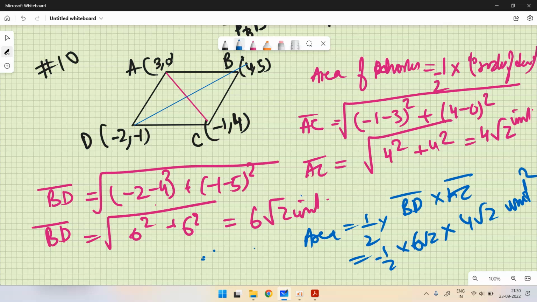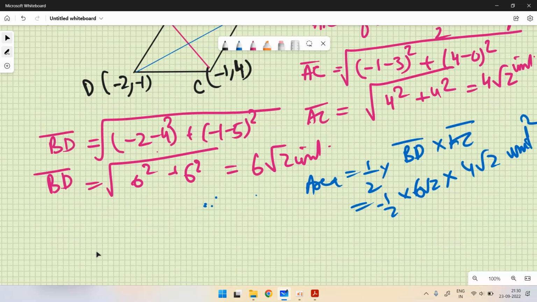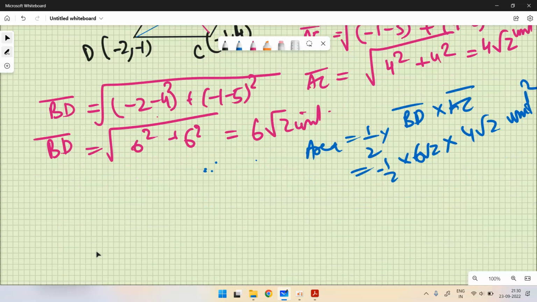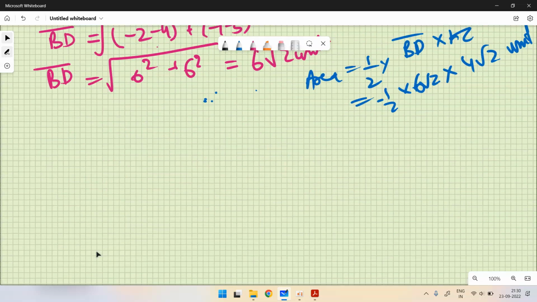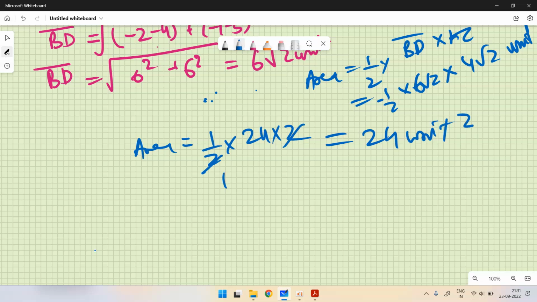So the area is 24 square units. This is the answer.